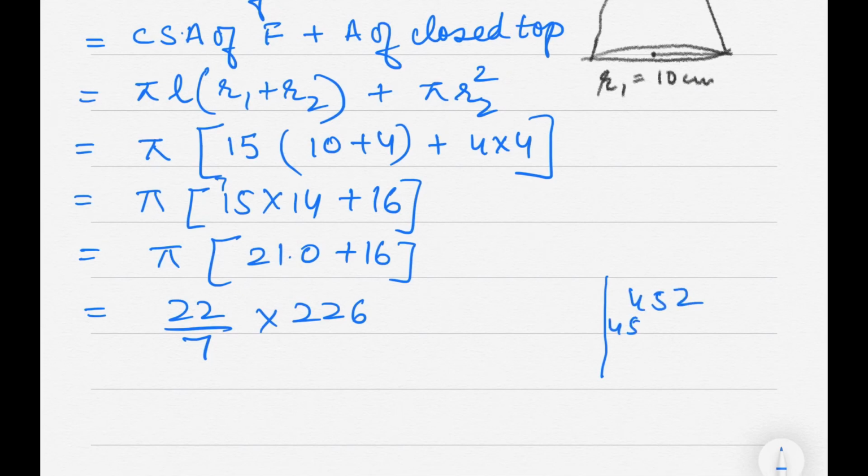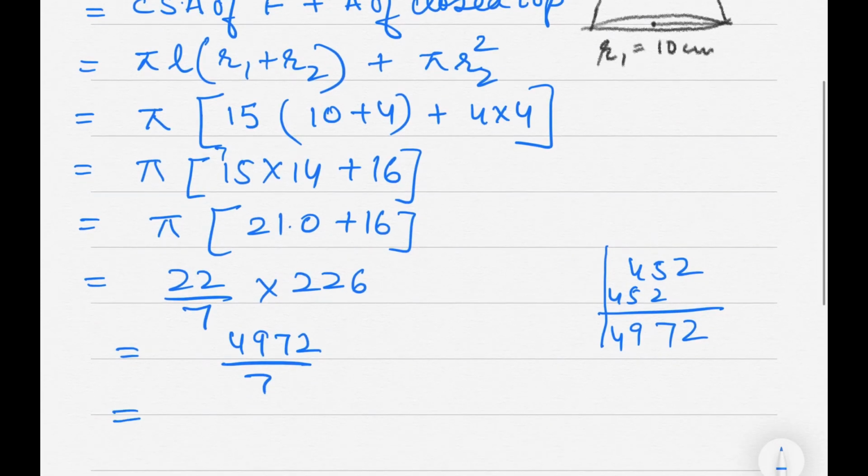So 452 and 452, I'm multiplying 226 by 22, so 4972, then I have to divide by 7. So 4972 divided by 7, this is my rough.